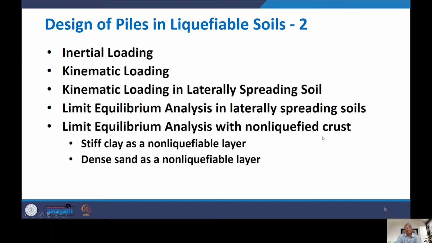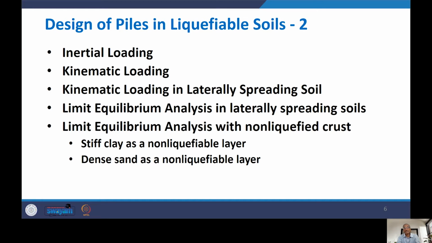Now coming to the second lecture on liquefiable soils, what we are going to discuss today is first inertial loading, then kinematic loading, then kinematic loading in laterally spreading soil, then limit equilibrium analysis in laterally spreading soils, and limit equilibrium analysis with non-liquefied crust.